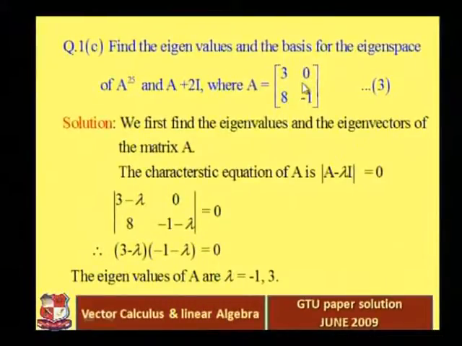So this is actually a lower triangular matrix, which you can understand by the definition. And in a lower or upper triangular matrix, only the main diagonal entries are the eigenvalues. Here the eigenvalues are 3 and minus 1, exactly the main diagonal elements, right?